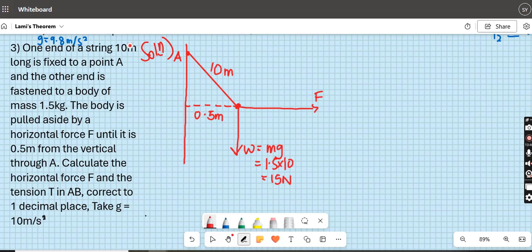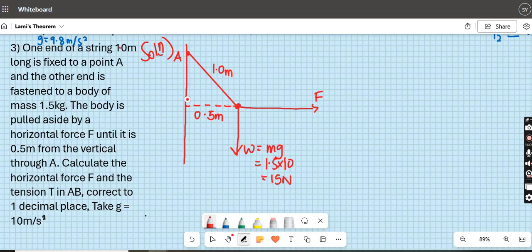Sorry, it's not 10 meters. It's supposed to be 1.0 meters. Pardon me. The string is 1.0 meters. Good. So this is our diagram.